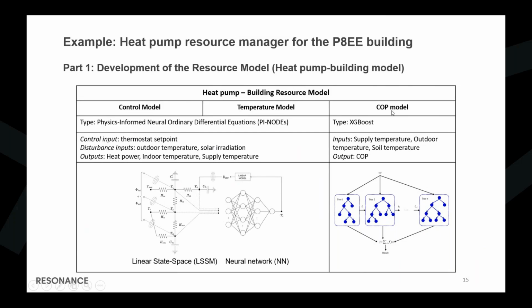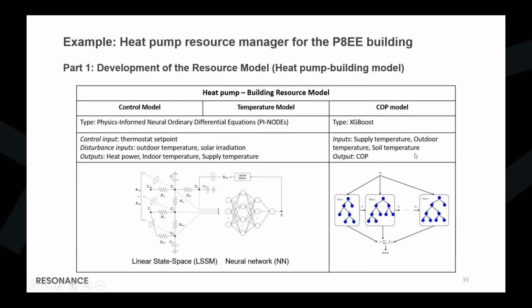The third model that we had to develop is the COP model. Here we use the XGBoost model, which as an input takes the supply temperature, outdoor temperature, and the soil temperature. Interestingly, the soil temperature has the biggest correlation with the coefficient of performance of the heat pump.